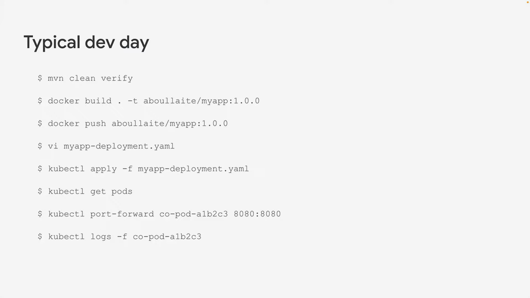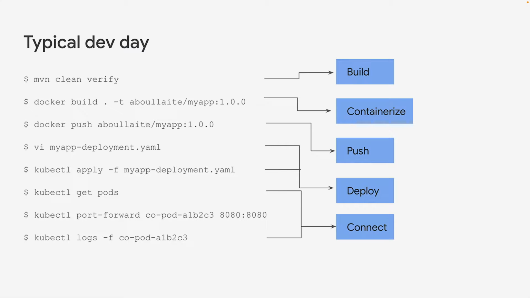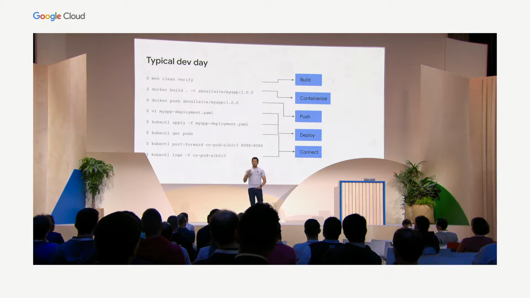And then we change our manifest and deploy it using kubectl apply. We connect to our cluster, check if the pods are healthy, check the logs, and finally, test our changes. I made it.